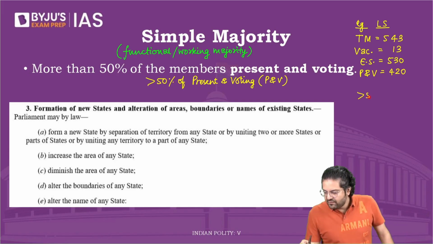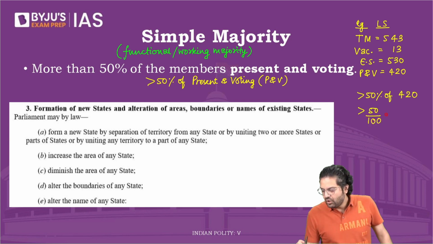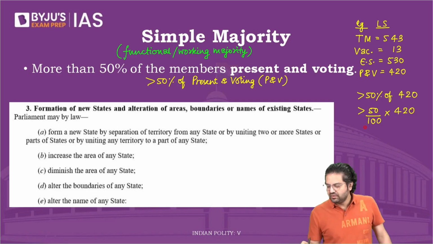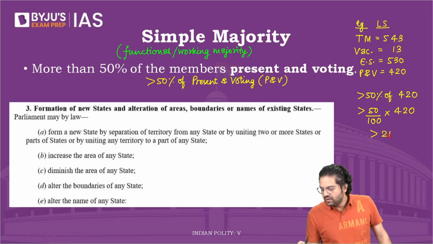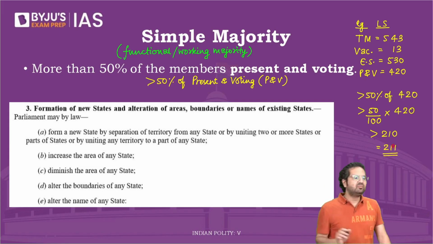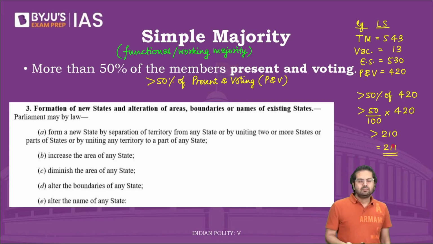More than 50% of 420. 50% means what? 50 upon 100. Of means into 420. Solve this. More than 210, which will be 211. So at least these many people are required to approve the task and the bill is passed.